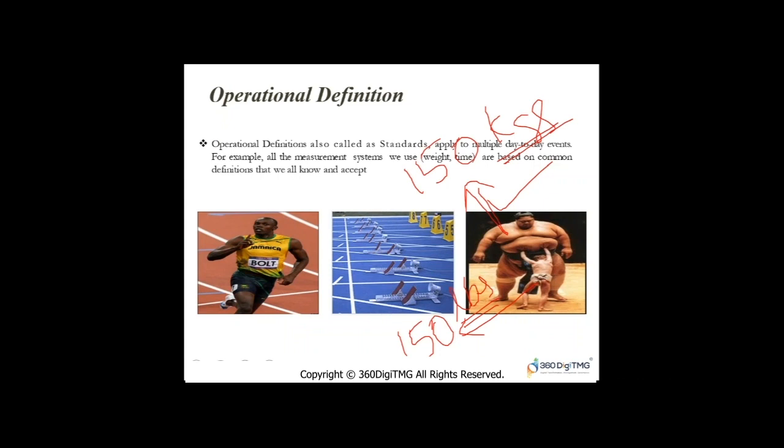What happens as the end result? Both of these people are going to compete in one weight category because I was such a fool, I forgot to put my units of measure. So operational definition and units of measure both are extremely important, mind you.